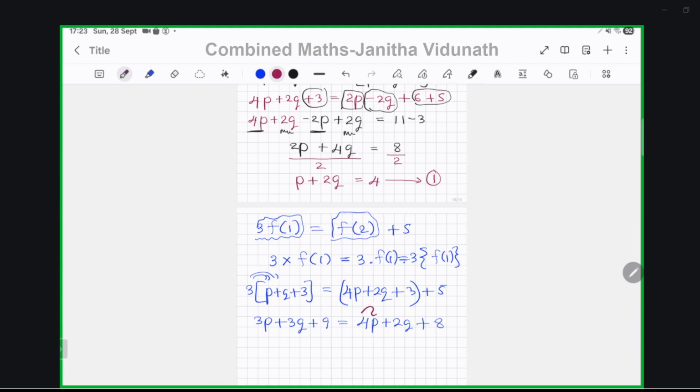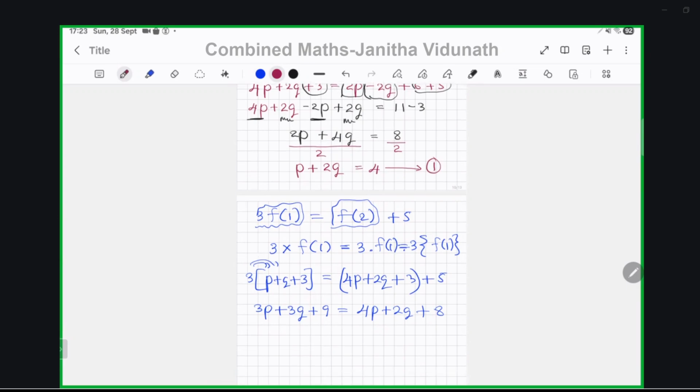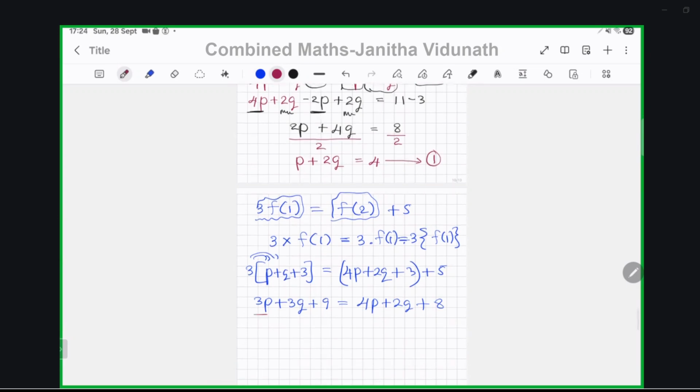Then we can get all the variables into one side and all the constant terms into the other side. That means 3p here and 4p goes to this side, giving minus 4p. Then 3p - 4p plus 3q already here.